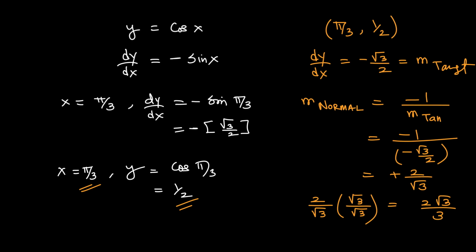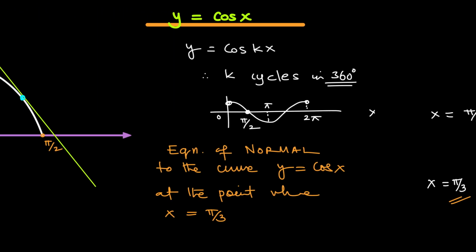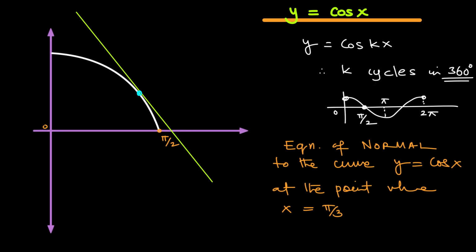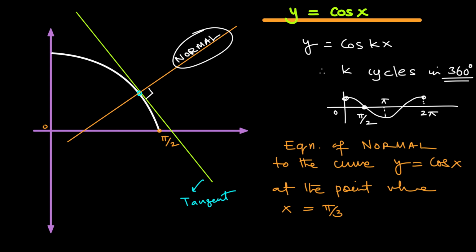So now let's go back to the diagram. This green line is a tangent. And over here, if I draw an orange line at this point passing this way, making an angle of 90 degrees, therefore this is the normal, and we are finding the equation of this normal.